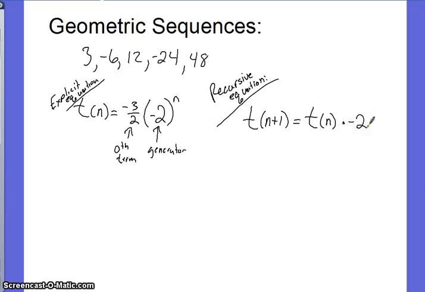We're taking whatever our previous term was and multiplying it by -2. And in a recursive equation, you need to give one of the terms of the sequence. Well, t sub 1, our first term, is 3. So we know one term, we know how to find the rest, and that would be our recursive equation. Here we would have our explicit equation.